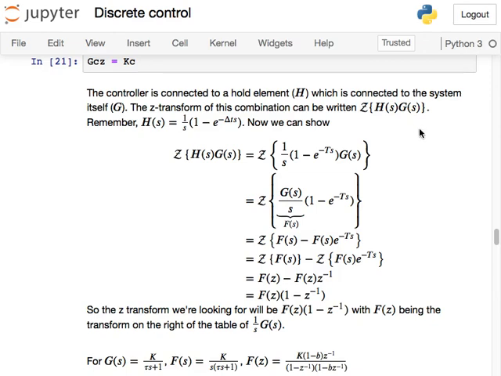I have allowed myself, for convenience here, to slip into this notational convenience of pretending that you can do a Z transform of a Laplace transform directly. But I'll also remind you that technically the Z transform is something that is calculated from time series signals, and so you should interpret this as: I'm going to take this transfer function, I'm going to inverse Laplace it to get a function of time.